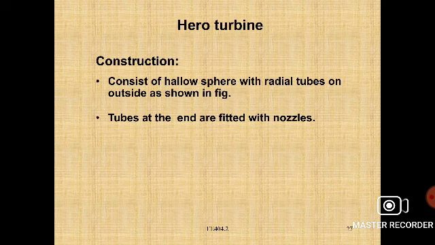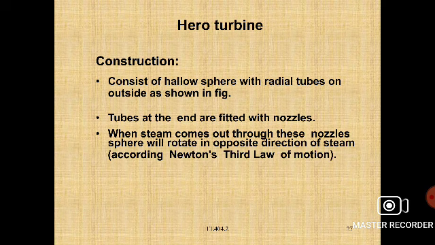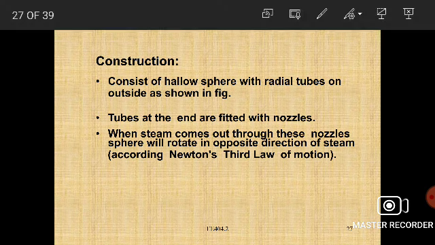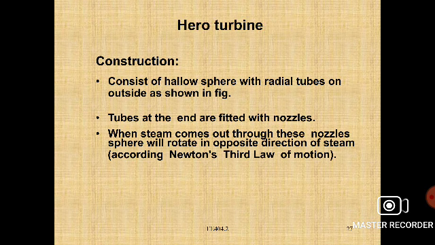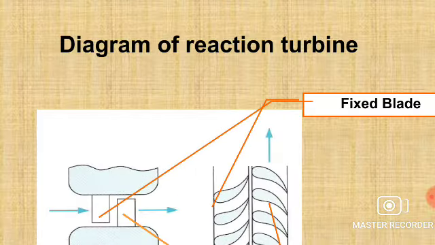Right, what is the construction? The construction consists of a hollow sphere with radial tubes and outlets, as shown in the figure. These outlet ends work on Newton's law of motion.